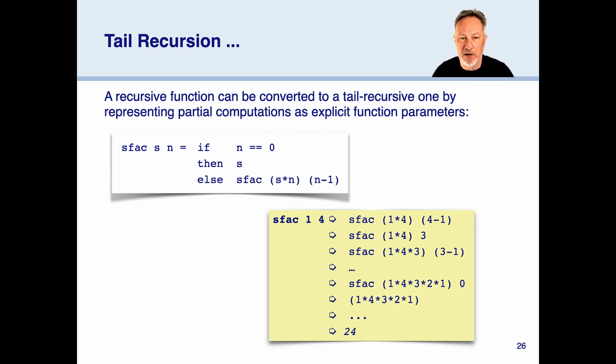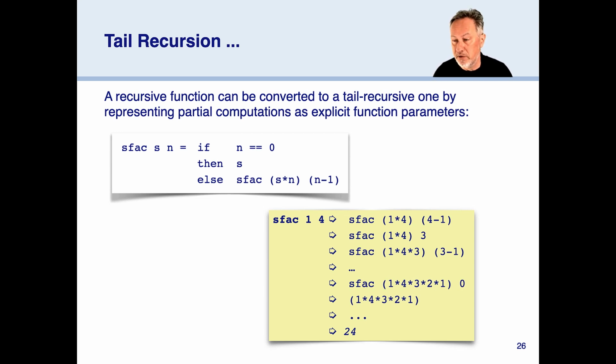So what would that look like? We can take a recursive function and convert it to a tail recursive one by representing partial computations as an explicit function parameter. So basically we're accumulating the result without any side effects and passing it as an additional parameter.